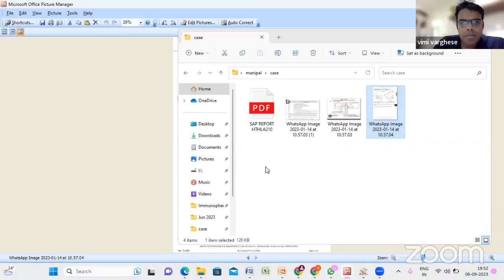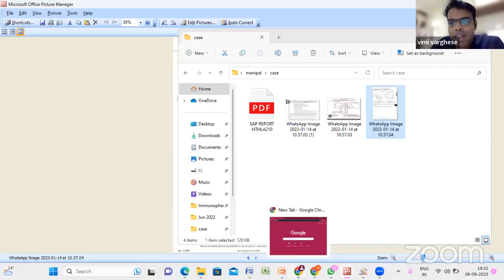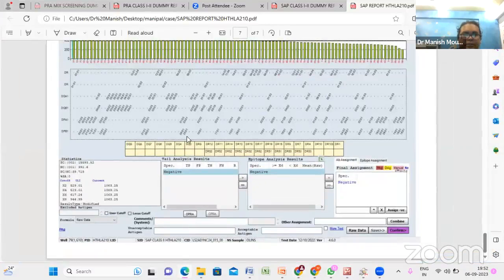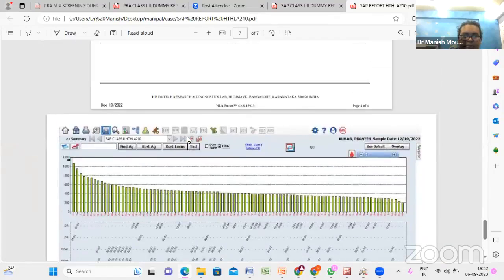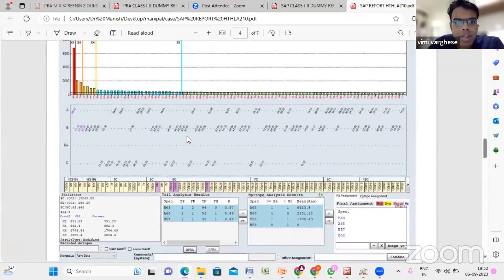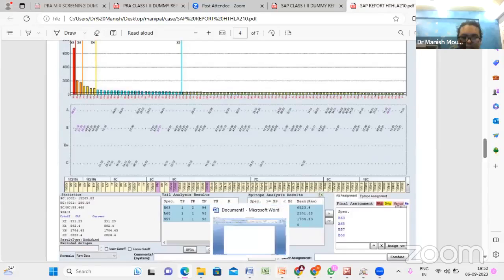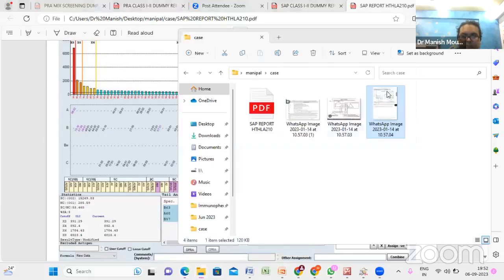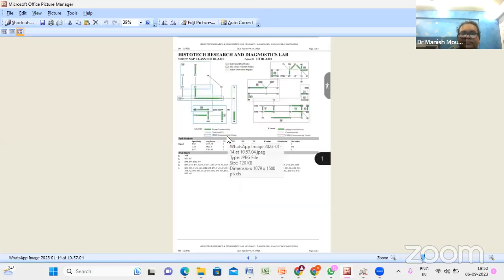Okay, sir. In that same report, sir, if you can take the diagram you already showed one more time. Yes, sir.